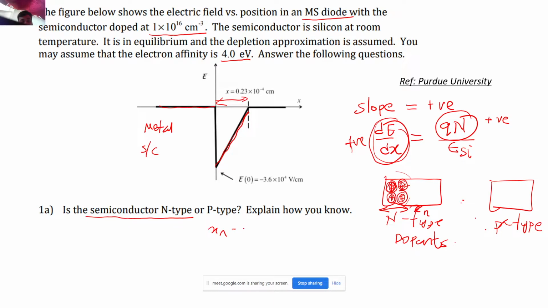So the xn length of the depletion region is present on the semiconductor side. And now for the metal, what happens? How much length will be there? Will this length be there, or will it be just exactly at one point?